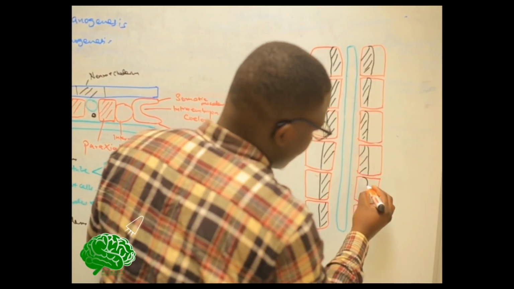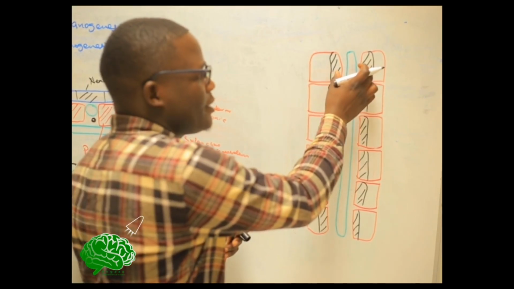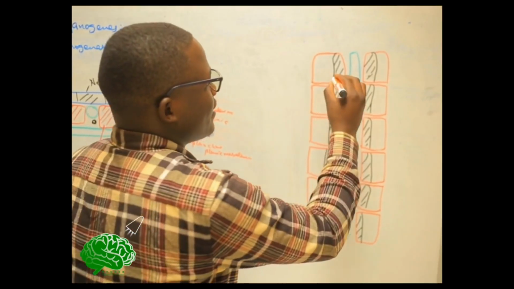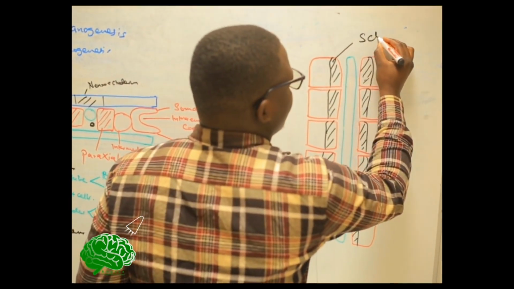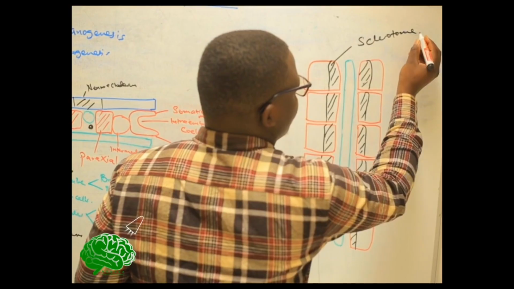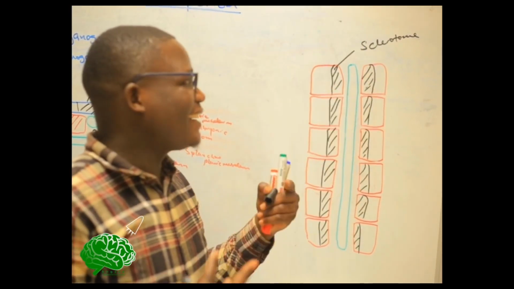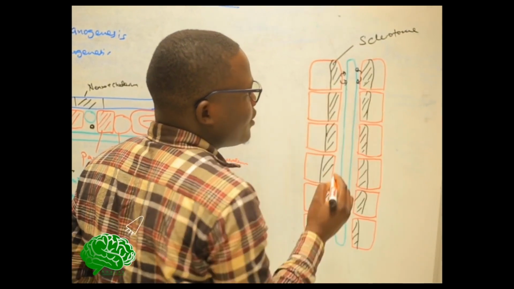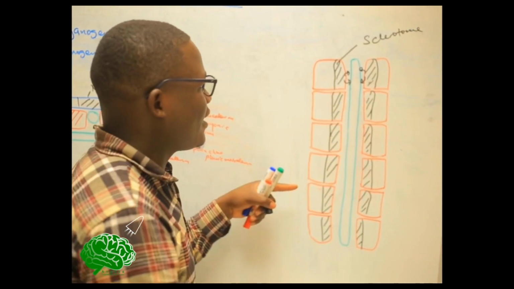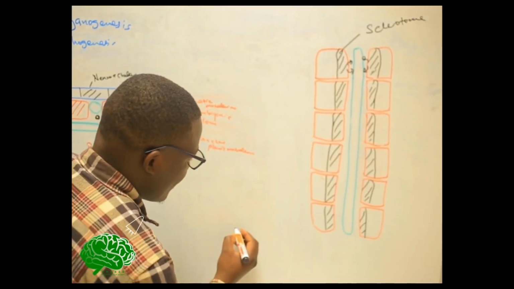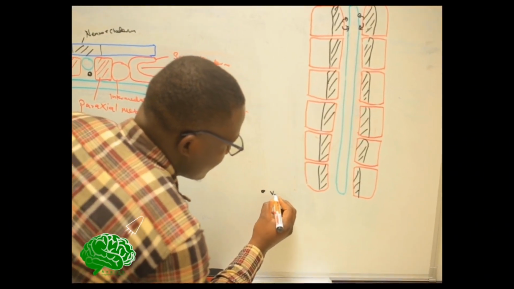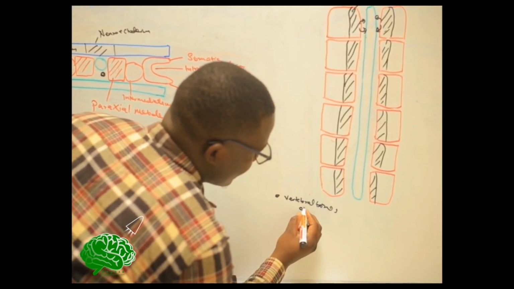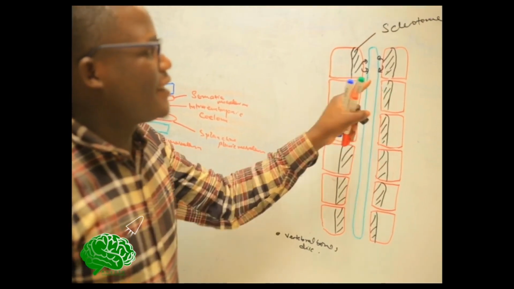Okay, now this part of the division that is nearest to the neural tube is termed sclerotome. It is this sclerotome that undergoes differentiation and moves around the neural tube, and then it gives rise to the vertebral bones and discs. That is the sclerotome.